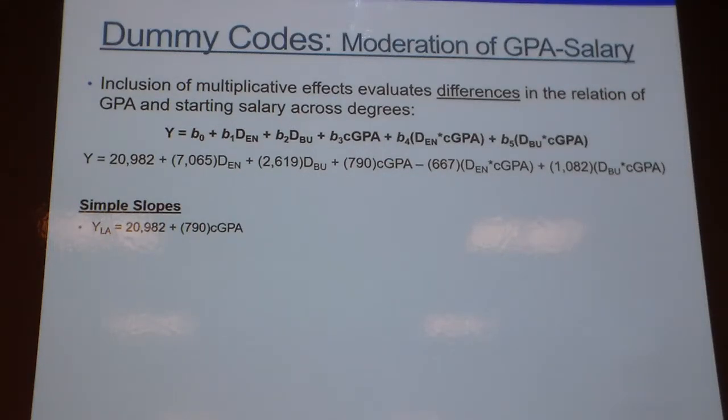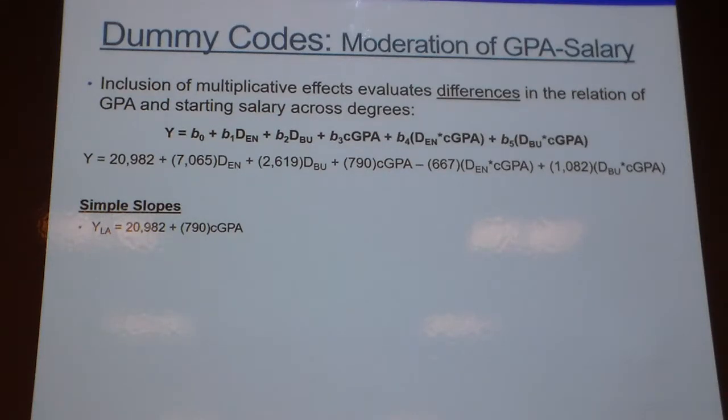Yeah, so if I want to look at the simple slopes, I want to look at the relation between GPA and starting salary for individuals with liberal arts. This is what my simple slopes equation is. Why is this? Why does this correspond to people with a liberal arts degree?